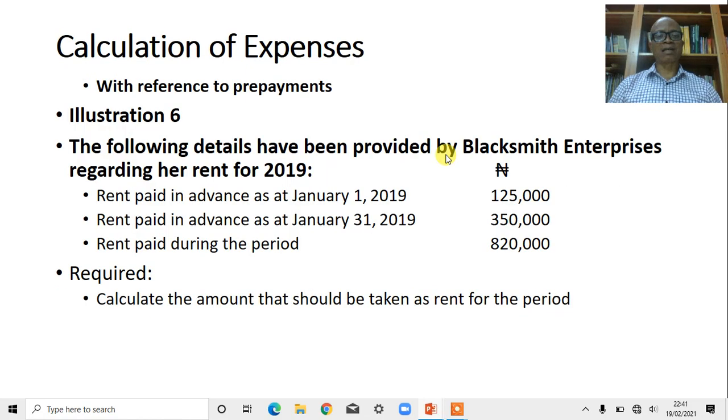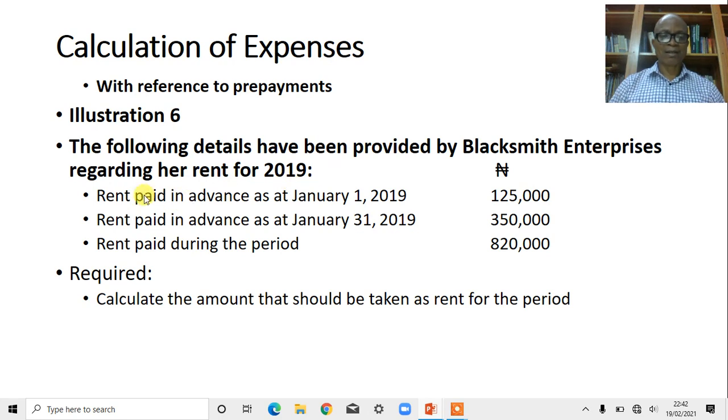Let's look at where a prepaid amount is involved. Illustration number 6. The following details have been provided by Mr. Blacksmith Enterprises regarding her rent for 2019.